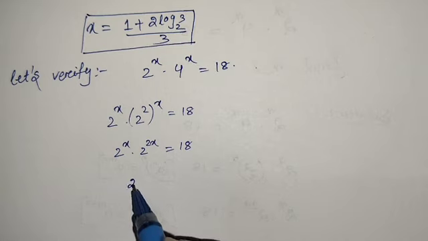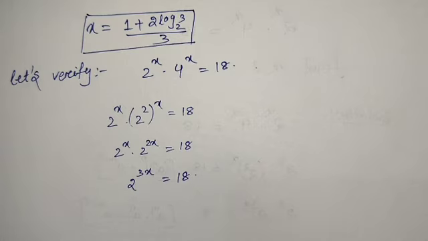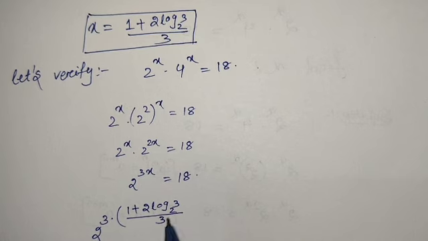Then 2 to the power 3x, meaning x plus 2x, is equal to 18. We put that value: 2 to the power 3 into (1 plus 2 log 3 base 2) divided by 3 is equal to 18. Then the 3 in numerator and denominator will be cancelled.